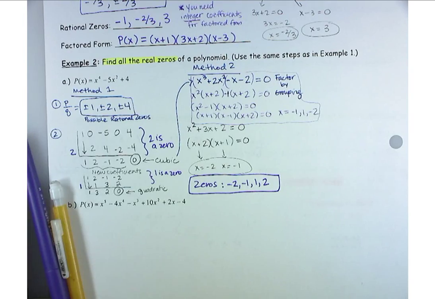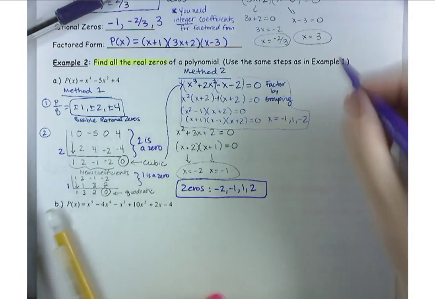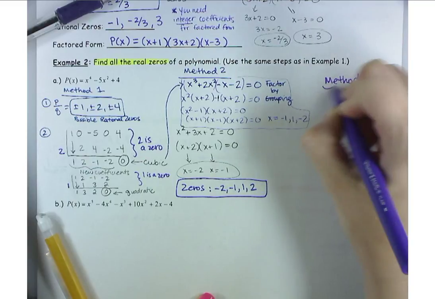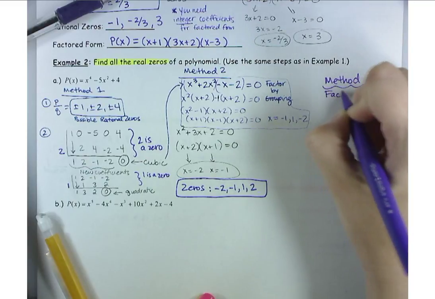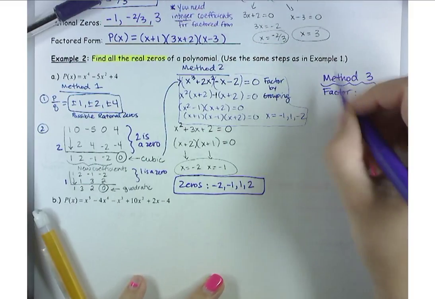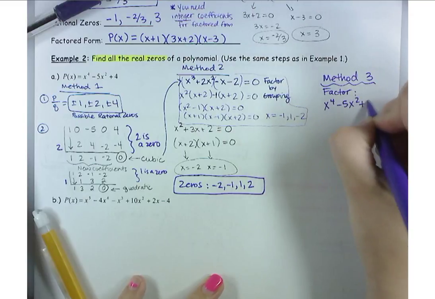Or, did any of you notice what you can do off the bat? You can factor it right off the bat, can't you? Okay, so method 3. Factor x to the 4th minus 5x squared plus 4 equals 0.